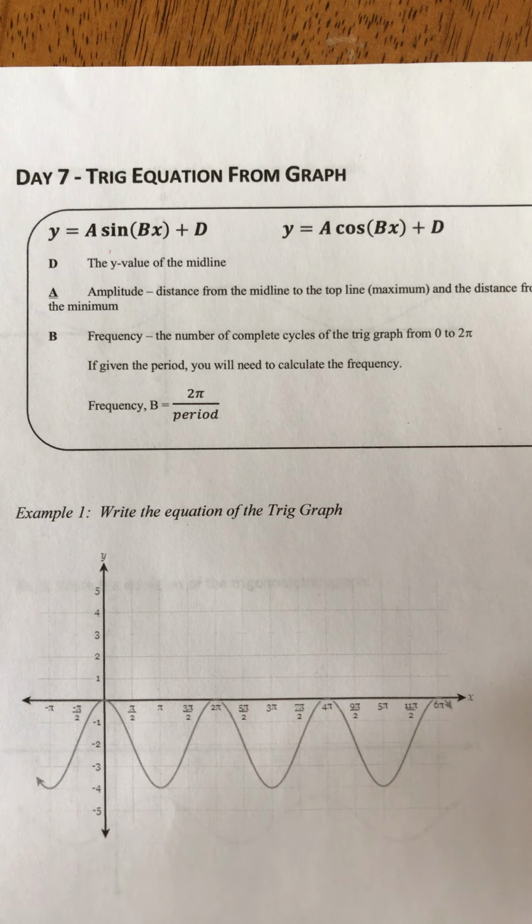So it starts here, and it has to go up, past the middle, and come back down, and completes that S shape. That is one complete sine cycle. So for the frequency, from 0 to 2 pi, we have one cycle. So my B value is 1.